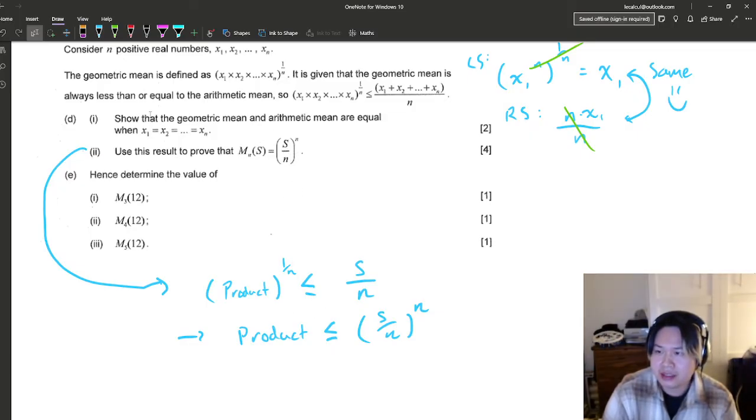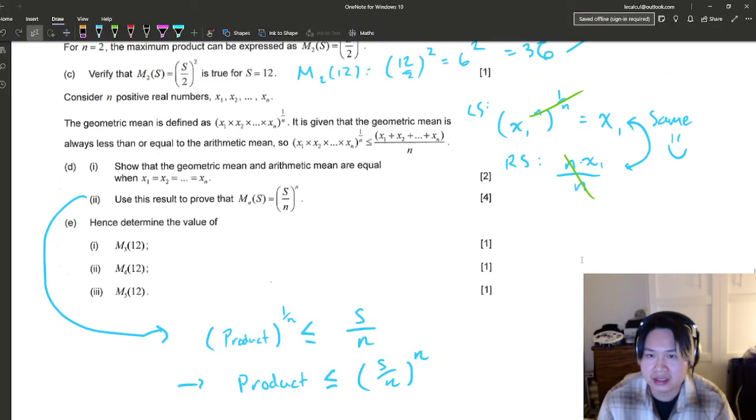Now I know that this inequality will be equal if all of the numbers are equal. Now all I need to show is that I will get a maximum product if all of the numbers are equal. So that's what I'm trying to think of how to show. Like, it's obvious here, right?